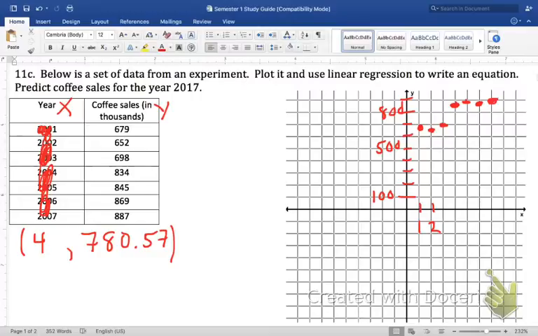Okay, not the best with my fat pen, but it'll do.